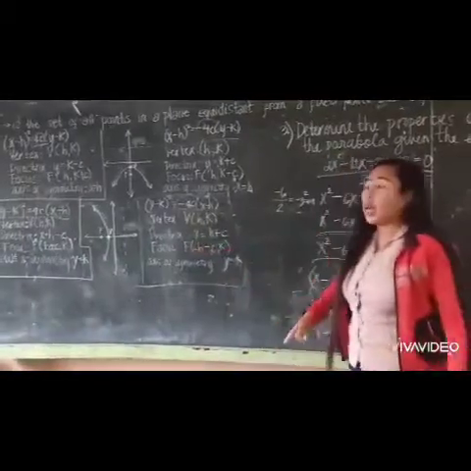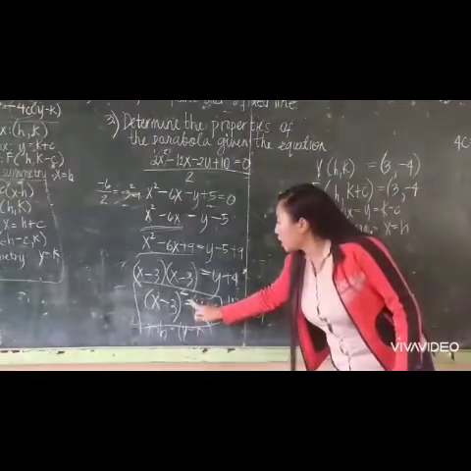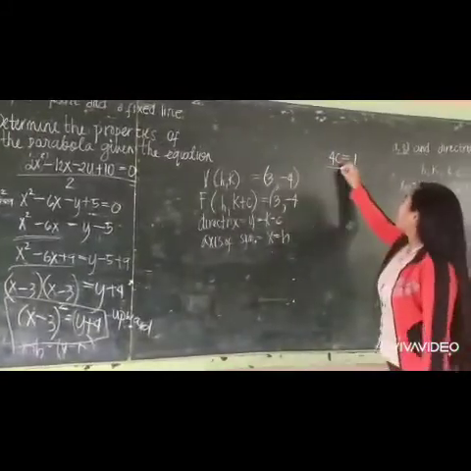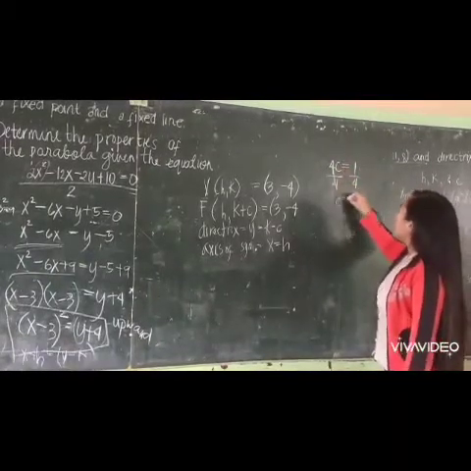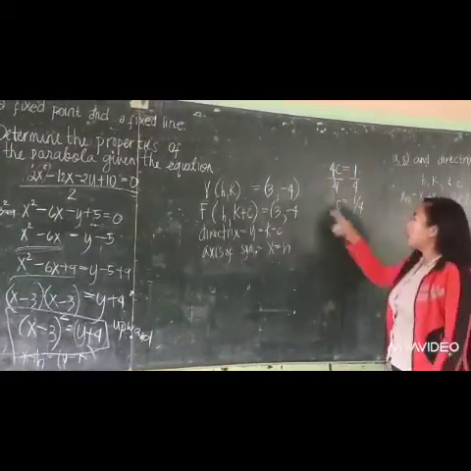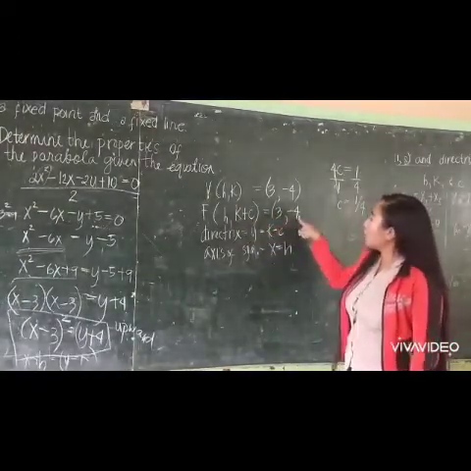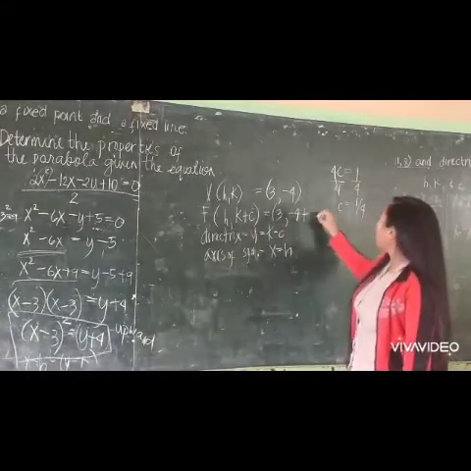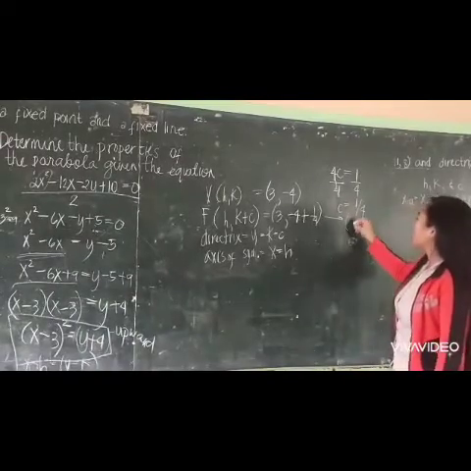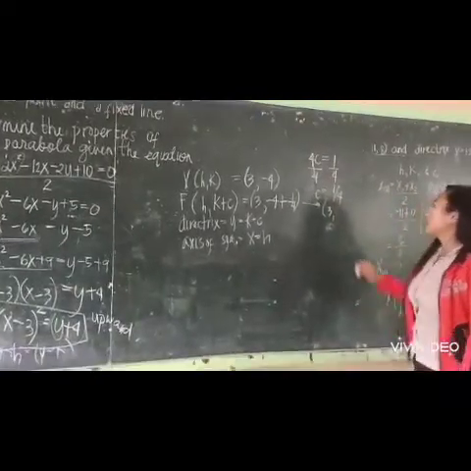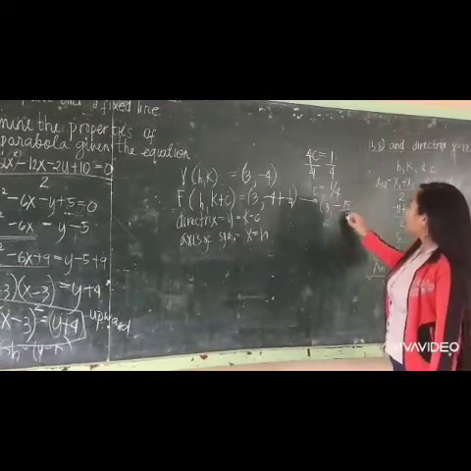Then you will equate it to 1. So since the coefficient here is 1, then to find c, divide by 4. So the value of c is 1/4. So negative 4. So here's focus. h is 3, k is negative 4, k plus c. Negative 4 plus 1/4. So your focus is 3 and negative 15 over 4.